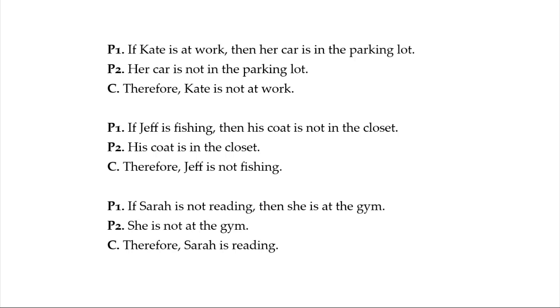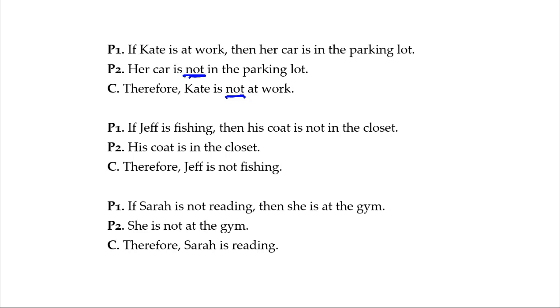All right, now we have these three examples. Maybe you just want to look at them yourself and figure out why they're modus tollens. I can also point out to you first that in this top argument, there's a not here and a not here. So the top one is also kind of a standard example of modus tollens.